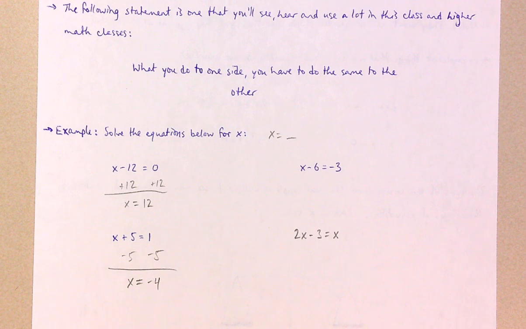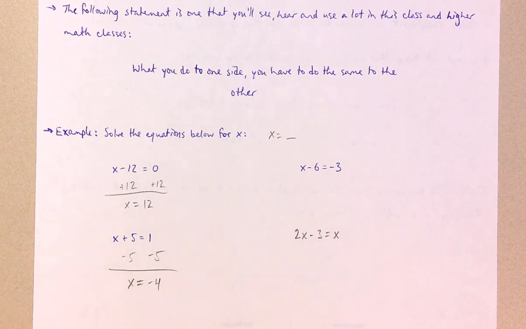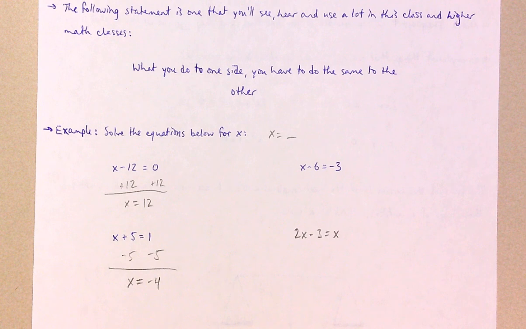So this looks a little bit nastier, but still something that we can just use our basic adding property of equality to solve. Here I see that I have a 2x. Here I see that I have an x. I want x all by itself on one side.